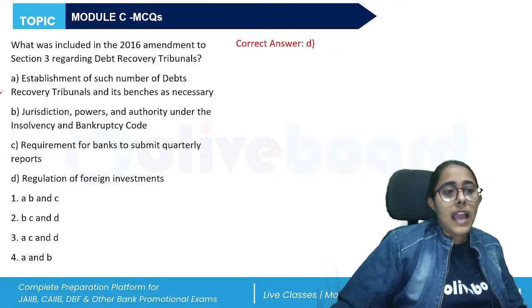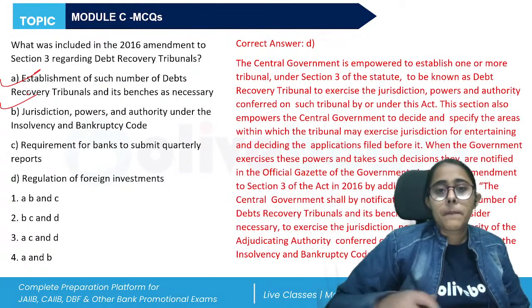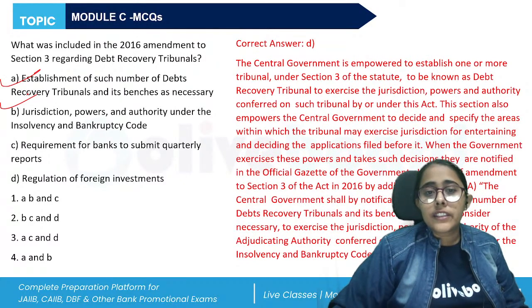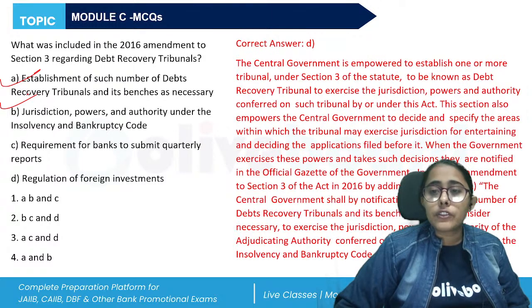A and B only. Under section 3, the government is empowered to establish one or more tribunals, which are known as the DRT. It also empowers the central government to specify the areas where the tribunal is going to work, that is, the jurisdiction and the power.